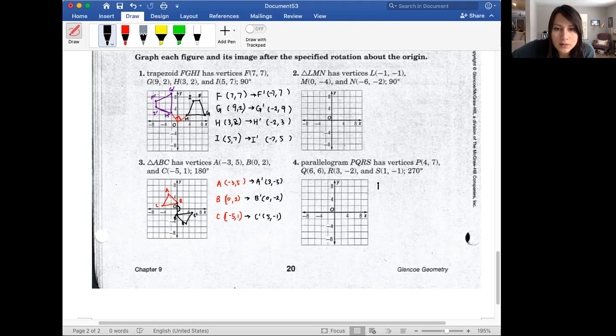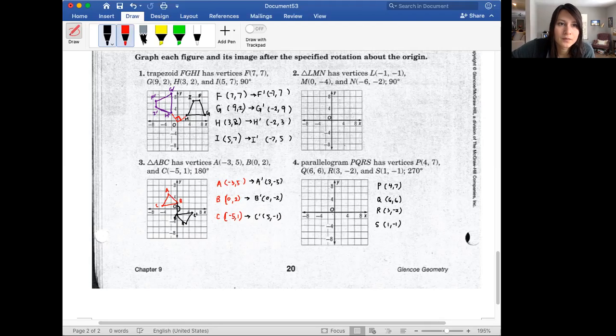So I definitely recommend writing out the points on the side. 4, 7, 6, 6, 3, -2, 1, -1.